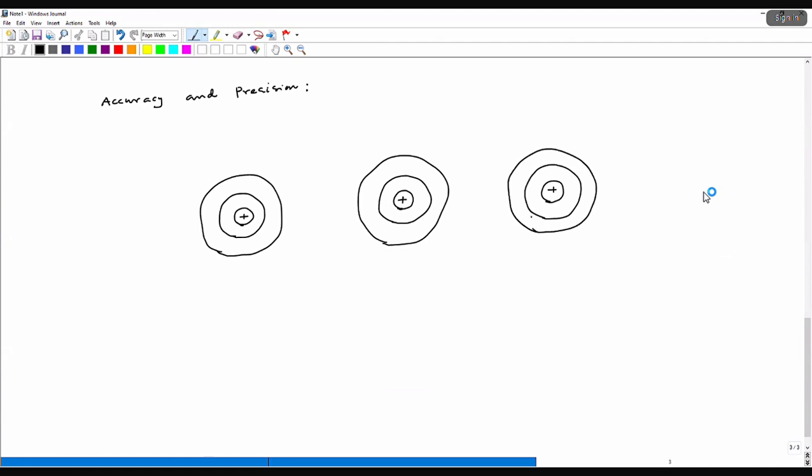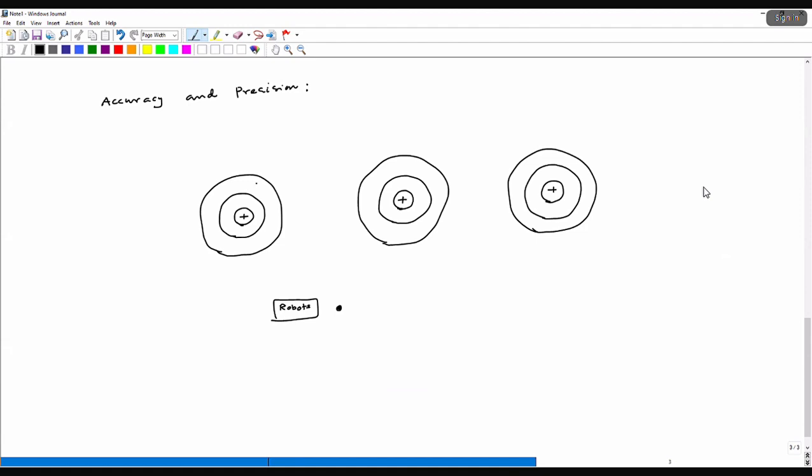Let's say these 3 are identical, although I have not drawn them identical. You have some industrial robots which are supposed to carry some object and place them right at the crosshair. In different situations, you get different kinds of distribution.